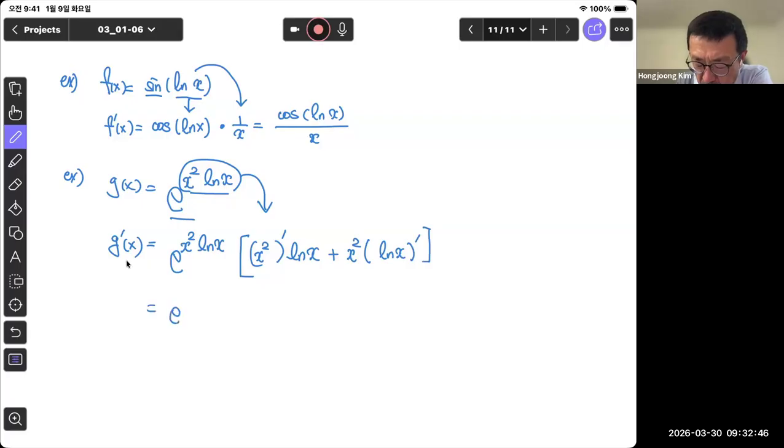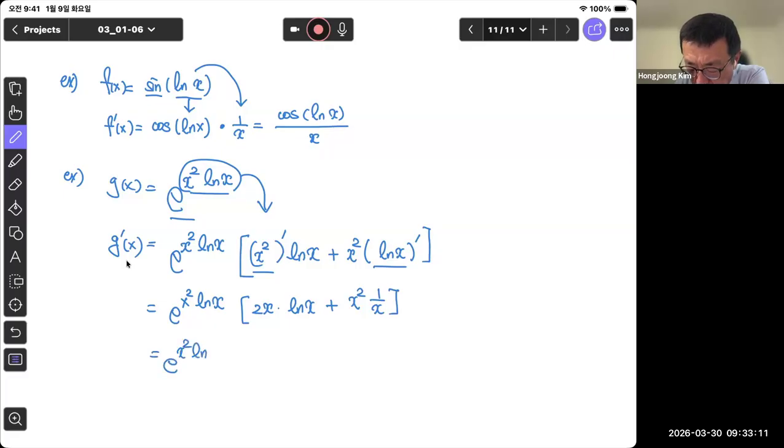So we get e to the x squared ln x times the derivative of x squared, which is 2x times ln x, plus x squared times the derivative of ln x, which is 1 over x. So we get 2x times ln x plus x.